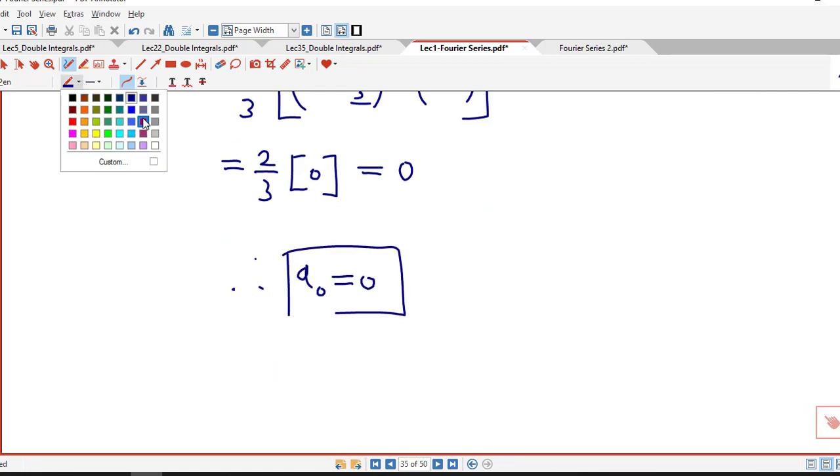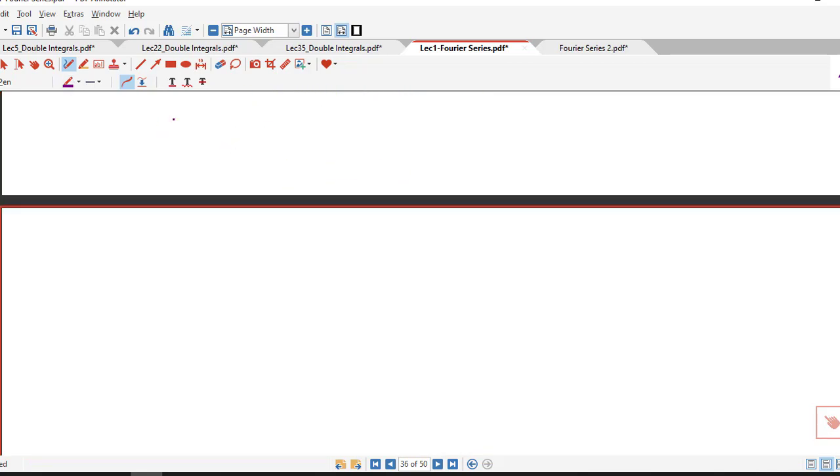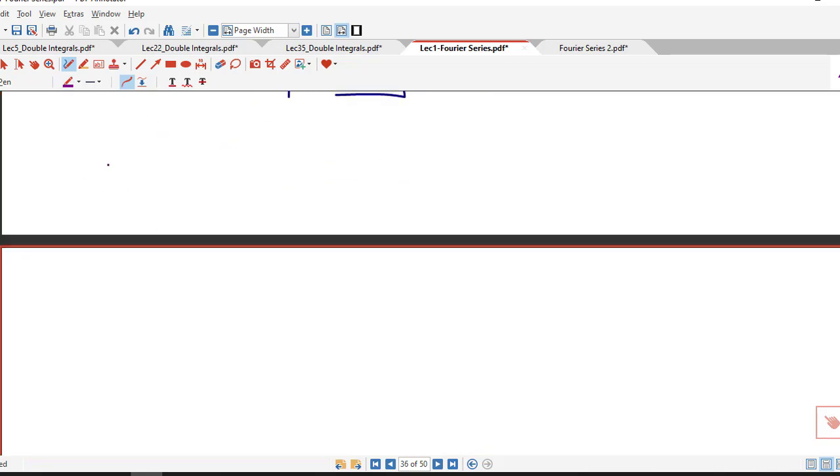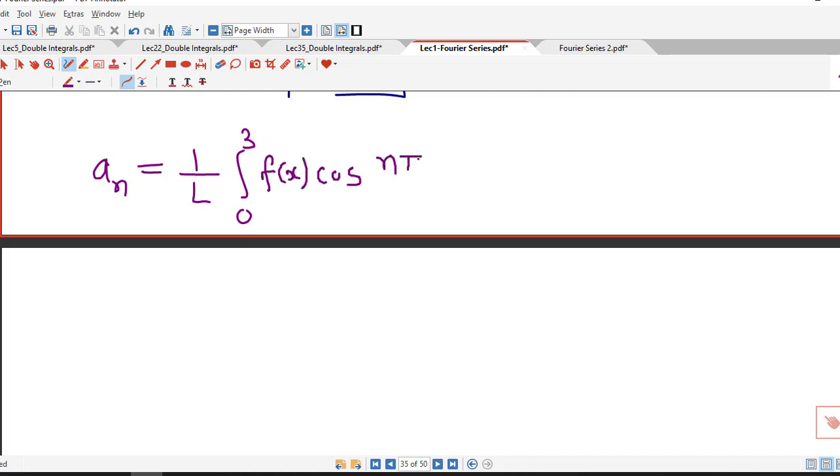Now we find out Fourier coefficient An. The formula for An is 1 divided by L integral from 0 to 3 f(x) cos n pi x divided by L dx.